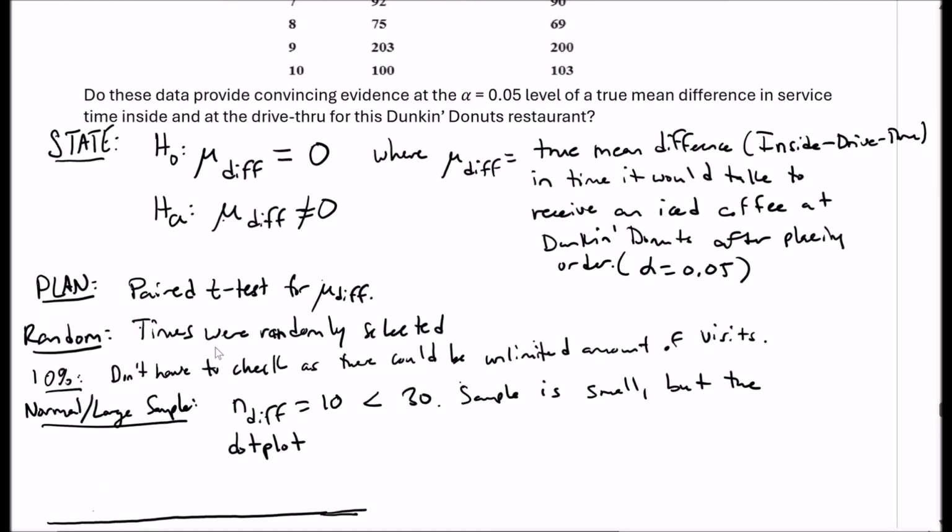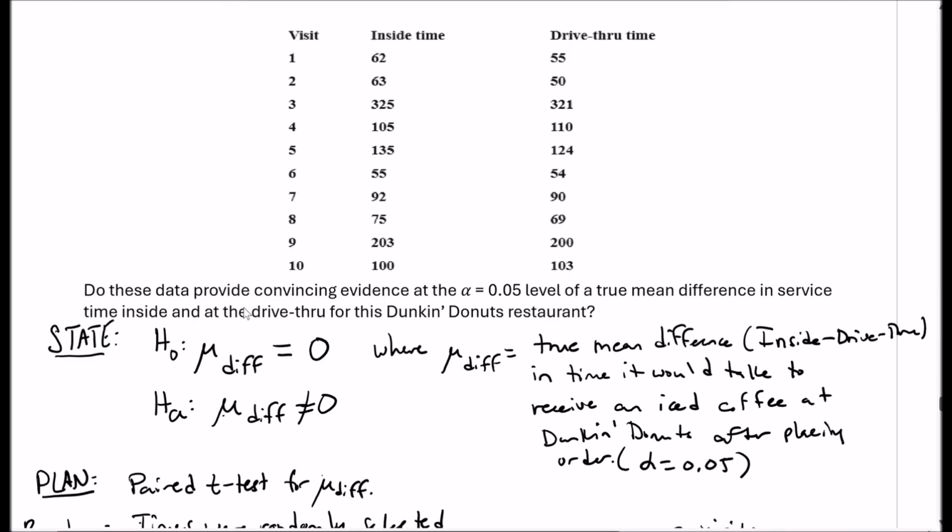And then, okay, so there's the axis. We're going to need to do all these, so 62 minus 5. So we're going to do the difference here. Inside minus drive-through. All right, and then we'll do the difference. All right, so let's do the differences. We got 62 minus 5, 13, and so on and so forth.